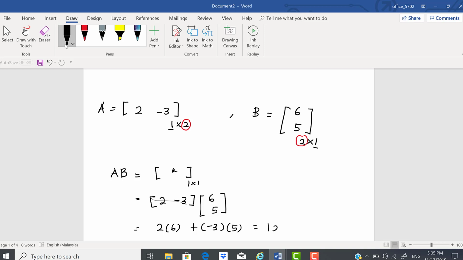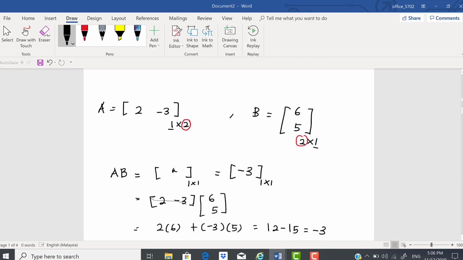So we have 12 minus 15, which is equal to negative 3. So your A times B is equal to negative 3. It's a one row and one column matrix.